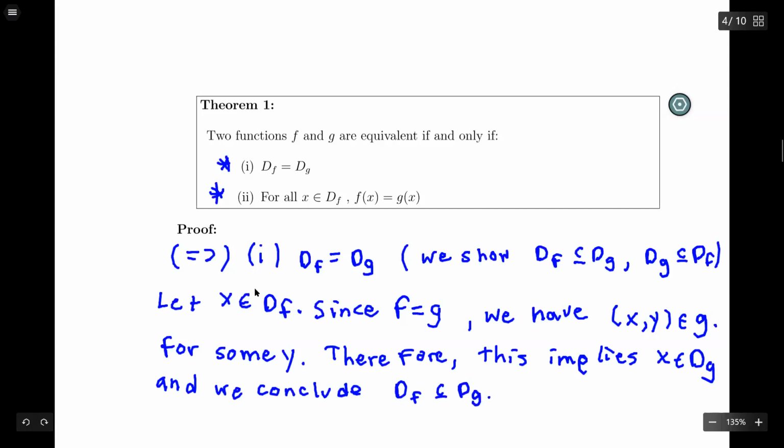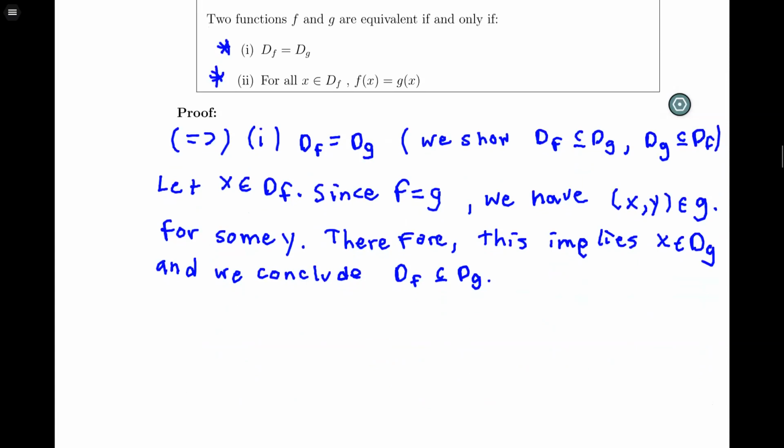So first we started with x in the domain of F. We concluded x is in the domain of G. So from there we conclude the domain of F is a subset of the domain of G. To show the other way around, I'm going to start with an element x in the domain of G, and it's going to proceed in basically the same way.